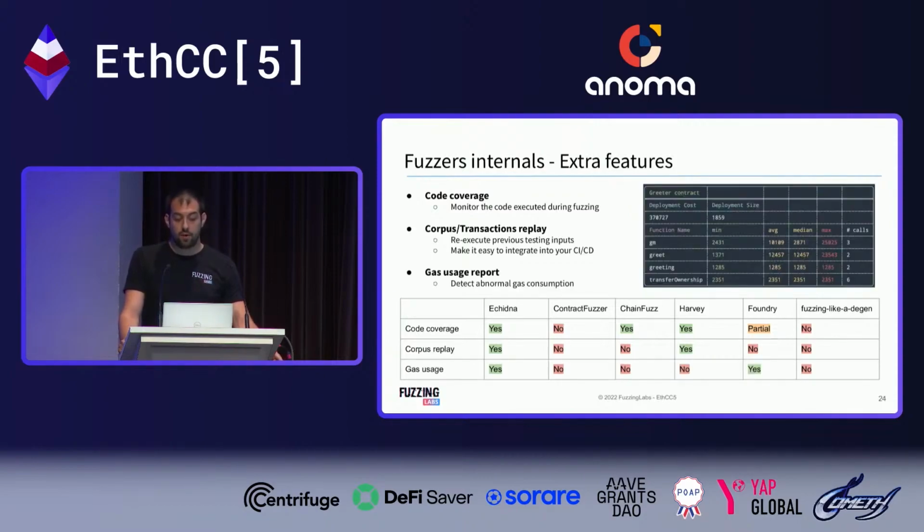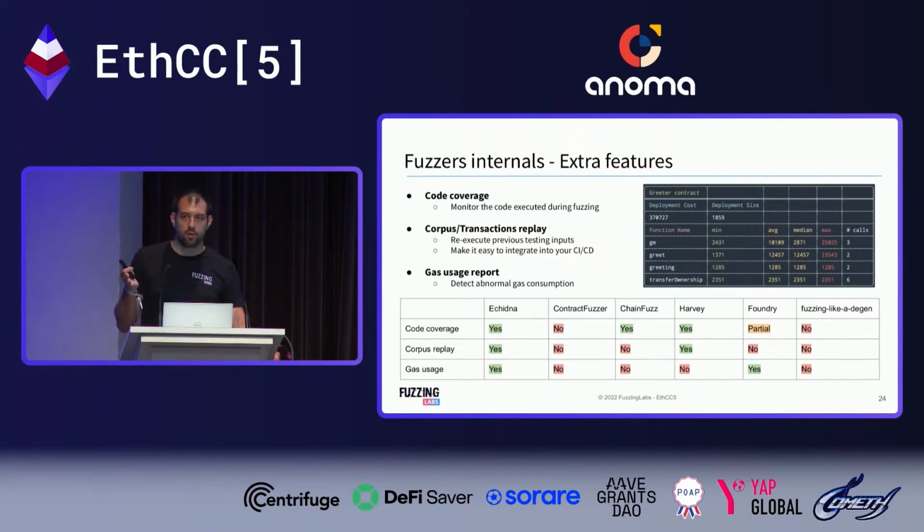Finally, we have the gas usage report. You might think it's not something we want to look at exactly. If you are doing fuzzing, you are maybe only looking at vulnerabilities. But in some cases, you will have a vulnerability that loops on itself and exhausts all the gas you have, and it will only be detected if you trigger a runtime error like a gas exhaustion.